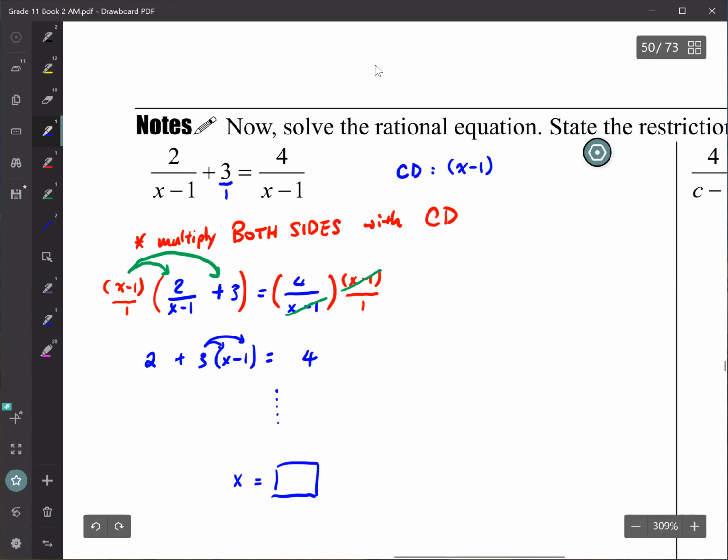So please raise your hand when you find the x. I believe the answer should be a fraction as well.